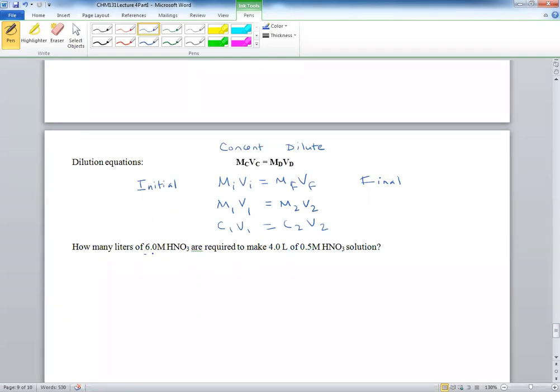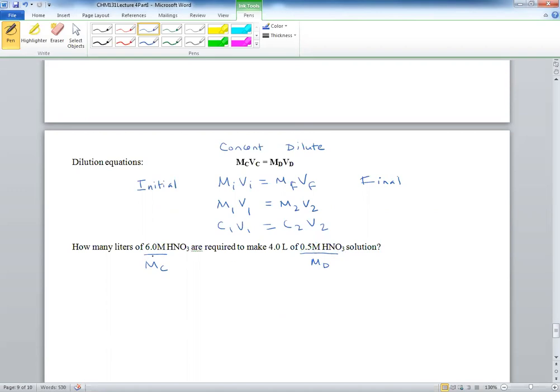Right away, the 6 and the 0.5 molar should tell you that this one has more solute in it. So this should be your M sub C. This one has less solute in it, 0.5, so that should be your M sub D. That's the concentration of the diluted solution. Meaning, again, you have 0.5 moles of HNO3 per 1 liter.